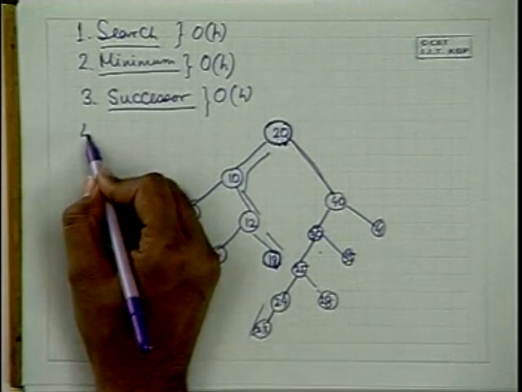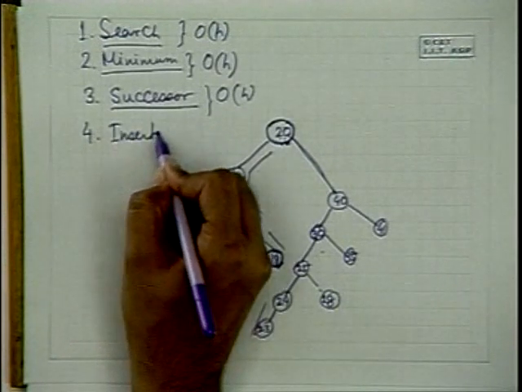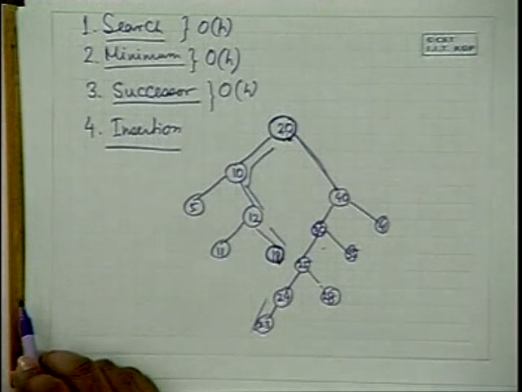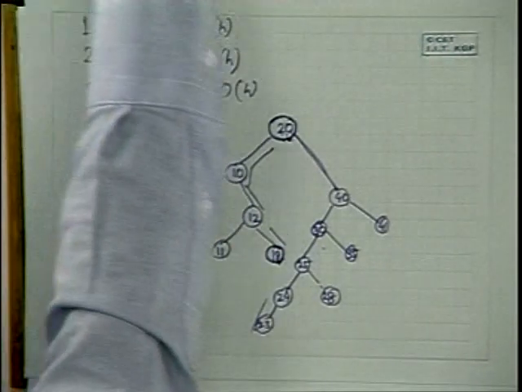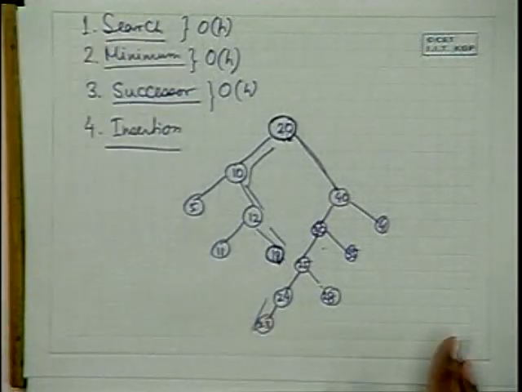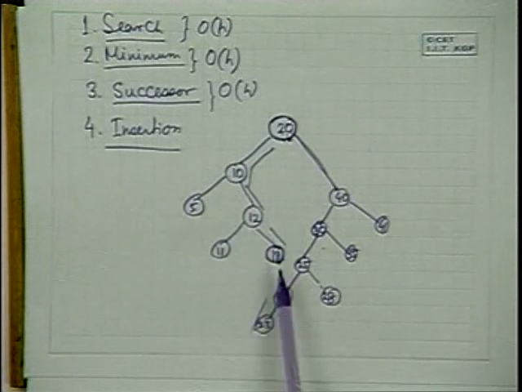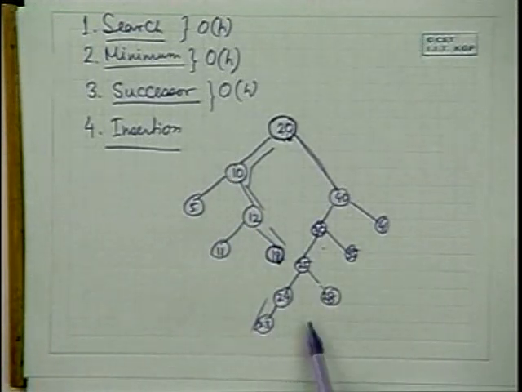Now the fourth function which we will see is insertion of a node. So I am going to write the function for inserting a node. What do you do? For inserting the node, first you find the position of that node. Suppose I want to insert 39, which is not there.